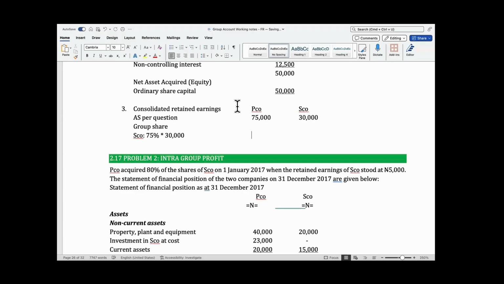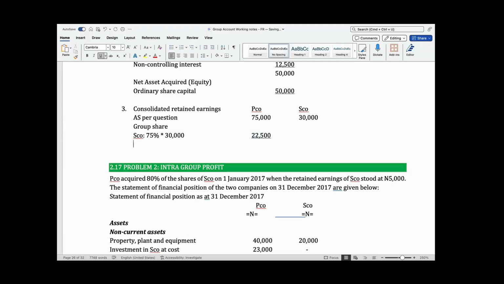How much would that give us? $22,500. What's the addition of the two? $97,500.